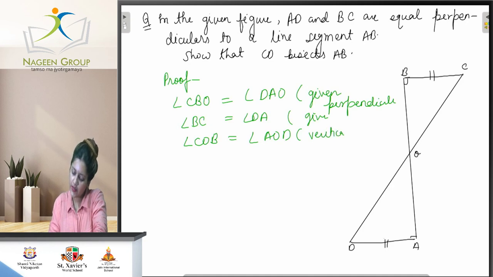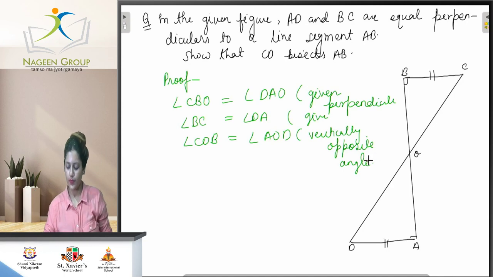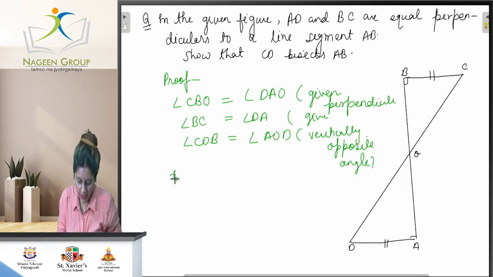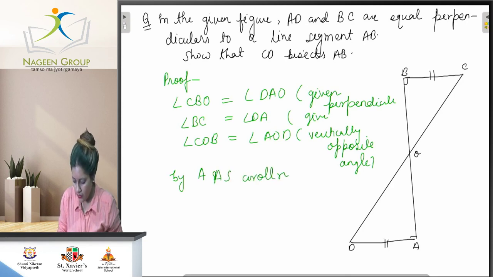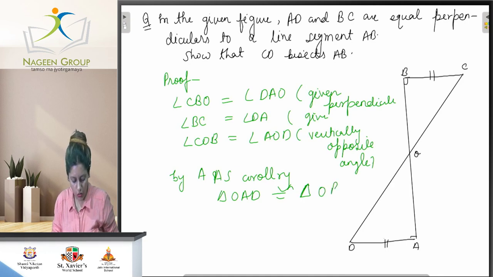Vertically opposite angles. So by AAS corollary, triangle OAD is congruent to triangle OBC.